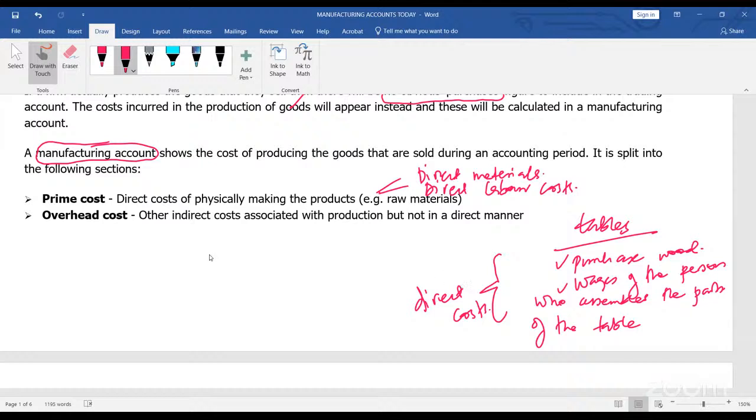But then we have what we call the indirect costs. These are the overheads. When we talk about overheads, we are referring to those other indirect costs associated with the production, but not in a direct manner.